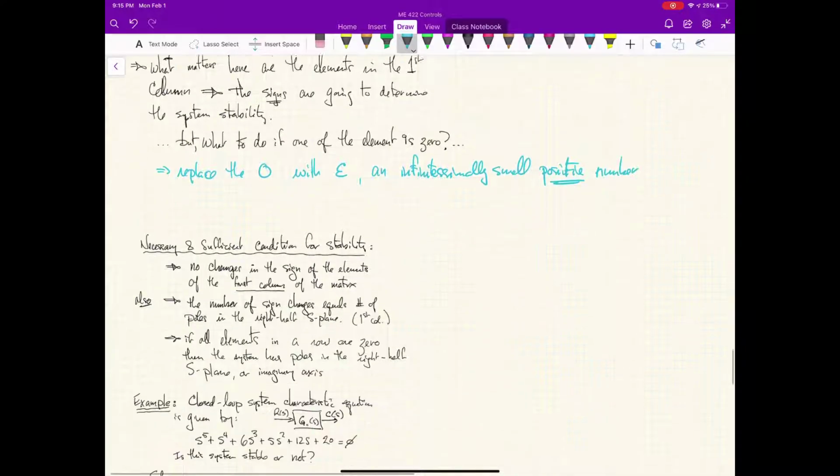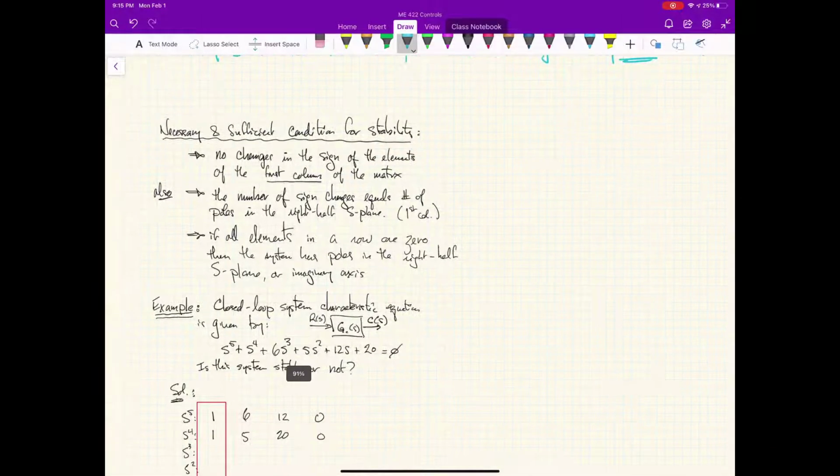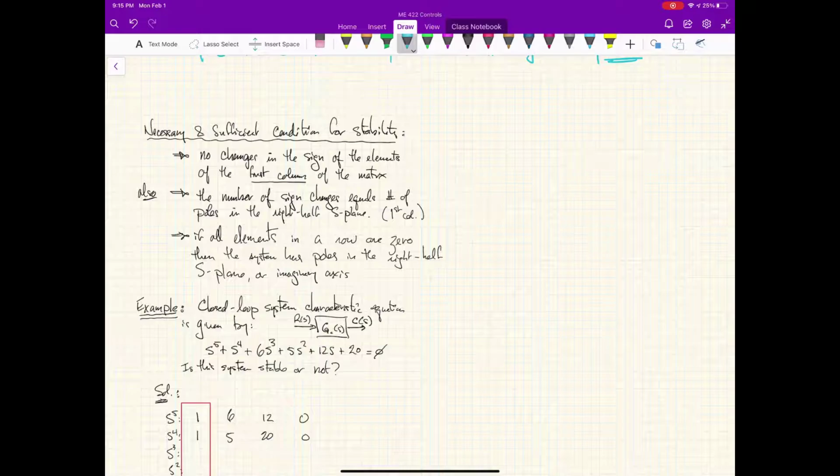All right. So recapping on the necessary and sufficient conditions for the Routh criterion, there's no change in the sign of the elements on the first column. The number of sign changes equals the number of poles in the right-hand S-plane. If all the elements in a row are 0, then the system has poles in the right-hand S-plane.